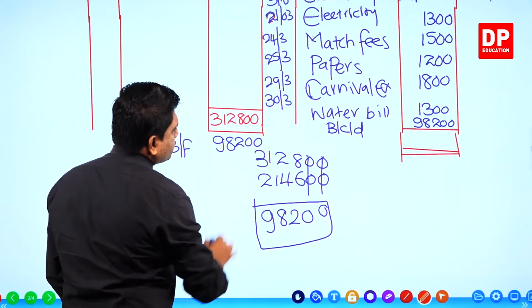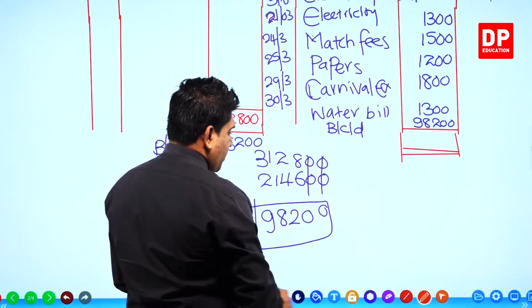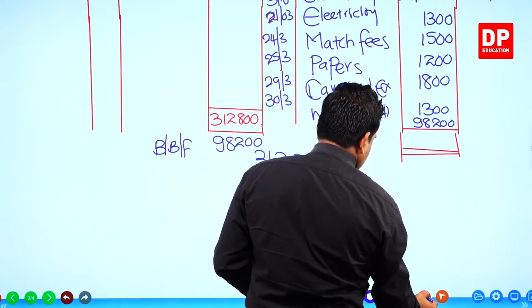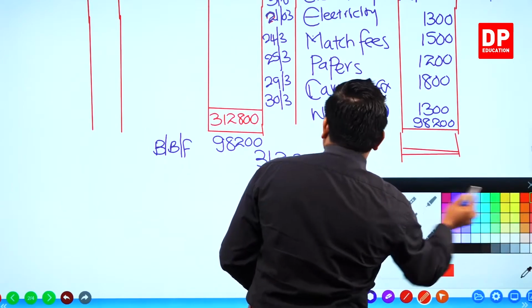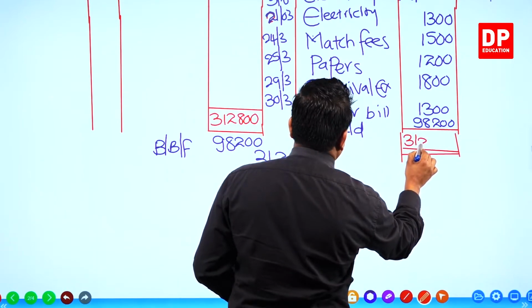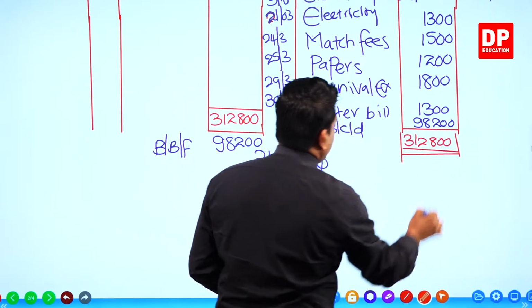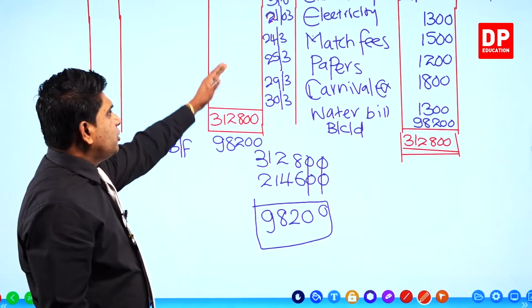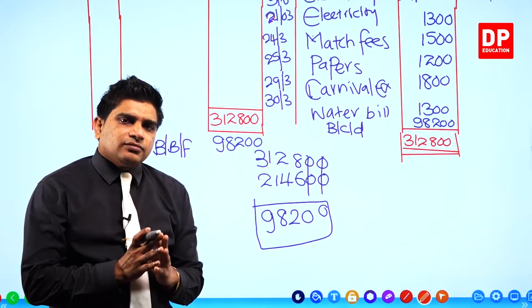Here, the same value you have to write, 312,800. Right? Remember this. You get the total of the debit side.